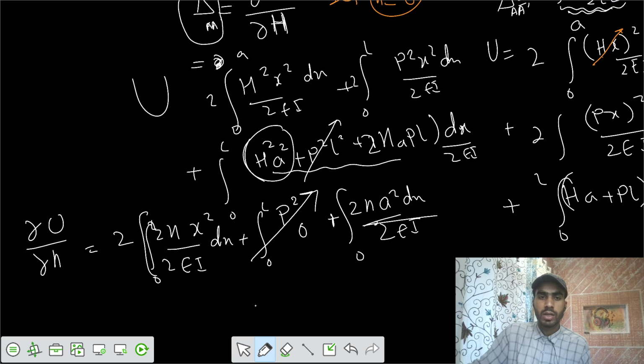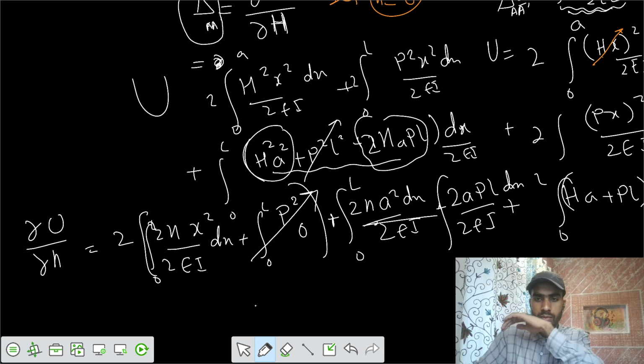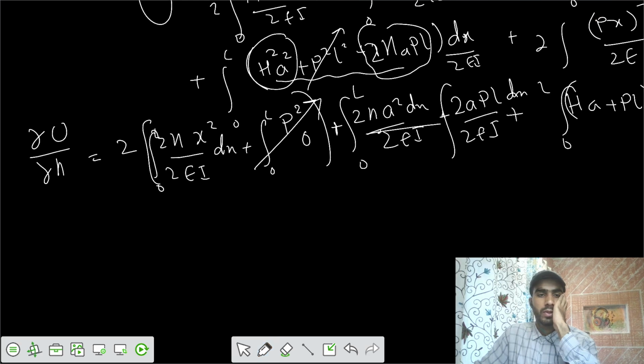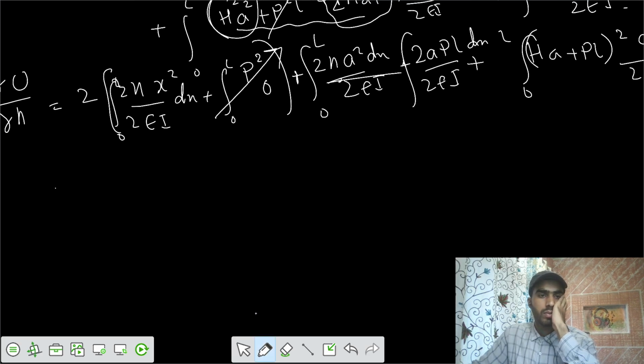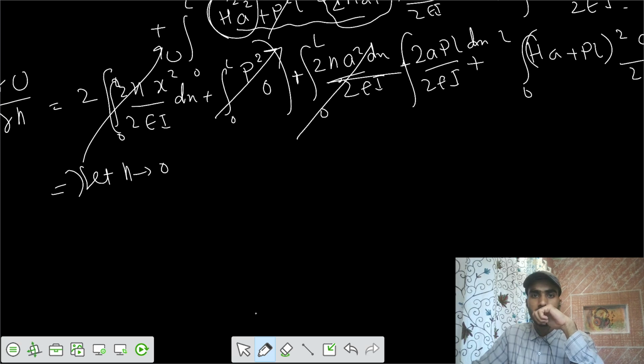then integrate it from 0 to l. Plus, in this part, the differentiation of this one would be 2aPl dx by 2EI, integrate it. So if we solve that, the value of this particular thing, let's say now you have to set H to 0, so this part goes, and this is also a function of H, so this will also go.